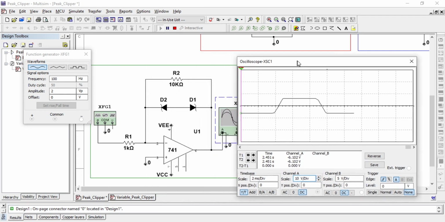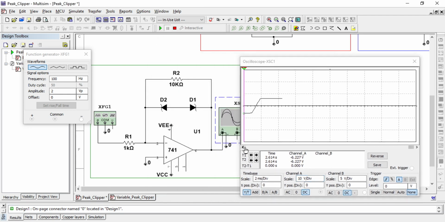Here we are getting a signal which is clipped from both ends, positive and negative, simultaneously. You can see the positive voltage is reaching up to 6.25 volt, which is around 6.3 volt, and in the negative also we are getting minus 6.25, which is again the negative breakdown voltage of the diode.